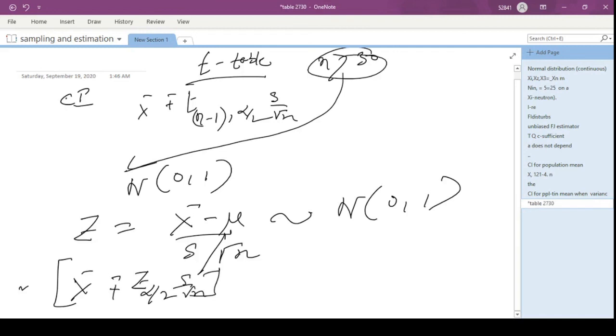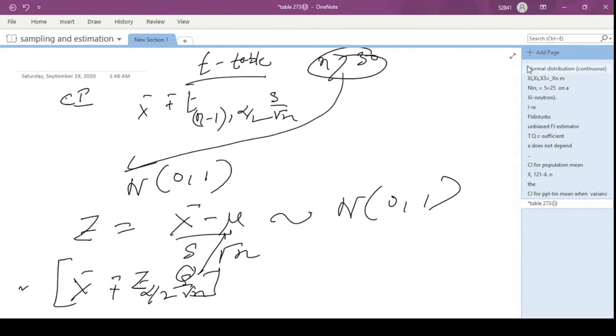So here we can continue to use the sample standard deviation as the parameter, even considering that it is a large sample size.